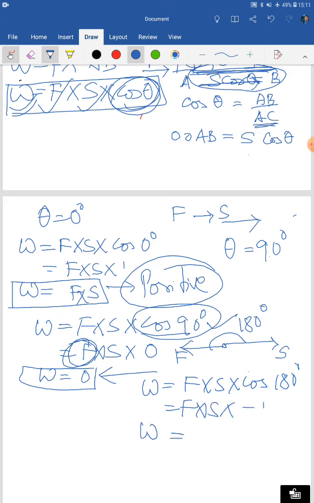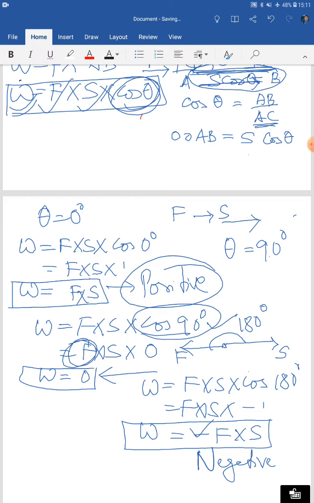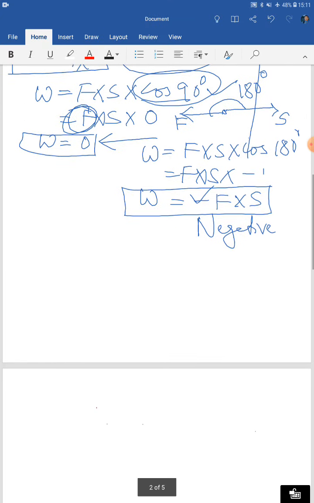I'll get W equals minus F into S. So this is the equation when the work done is negative, because I'm getting the relation in terms of a negative sign here. Alright, so I get the equation W equals minus F into S. Is that okay?